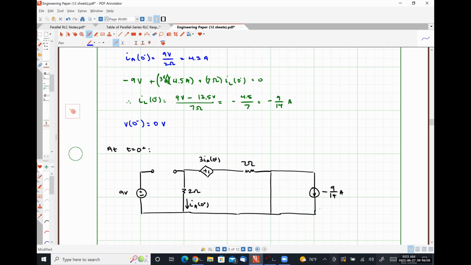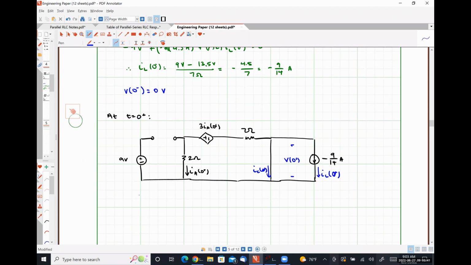So here's IL at 0 plus. Here's IC at 0 plus. Here's V at 0 plus. We know that V at 0 plus has to be V at 0 minus, or 0 volts.